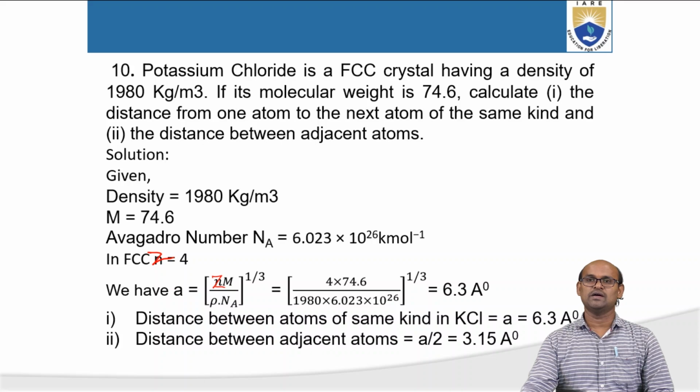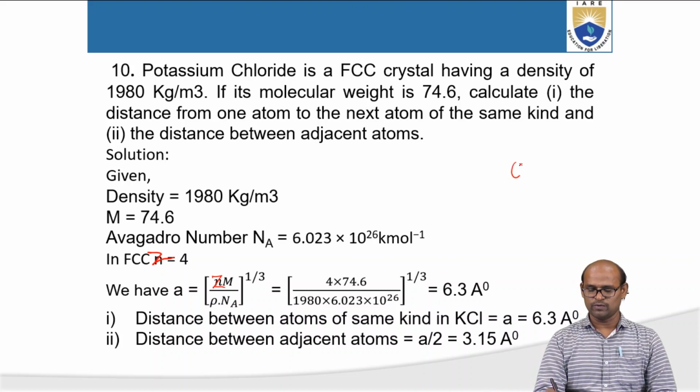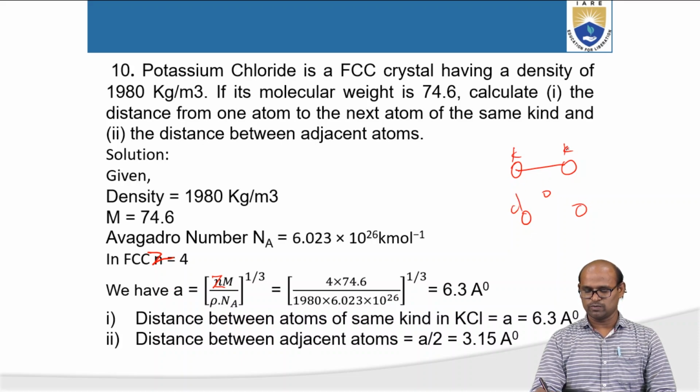If you draw the FCC crystal, you will find the distance between the same atoms, potassium or chlorine, is A. FCC crystal is something like this. This is potassium and potassium, or you can write chlorine here and chlorine here and potassium here.